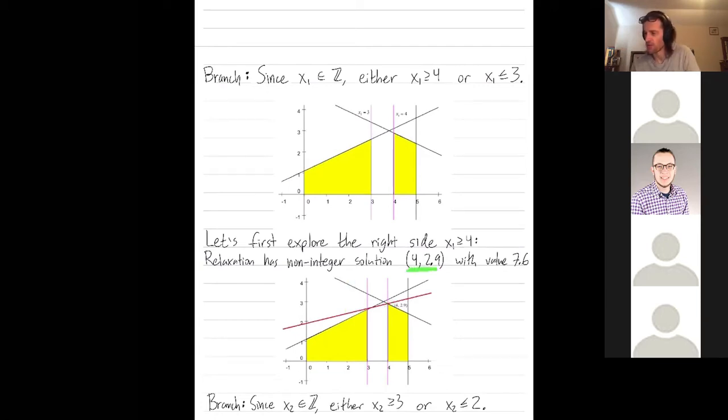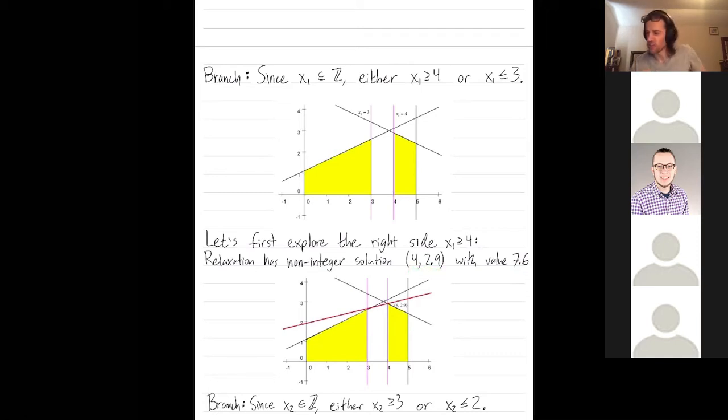The coordinates are 4, 2.9, and the value is 7.6. One comment, 4, 2.9 is not an integer solution. This is not a lattice point. So we haven't really found a candidate solution yet to our problem. It's not even integer coordinates.